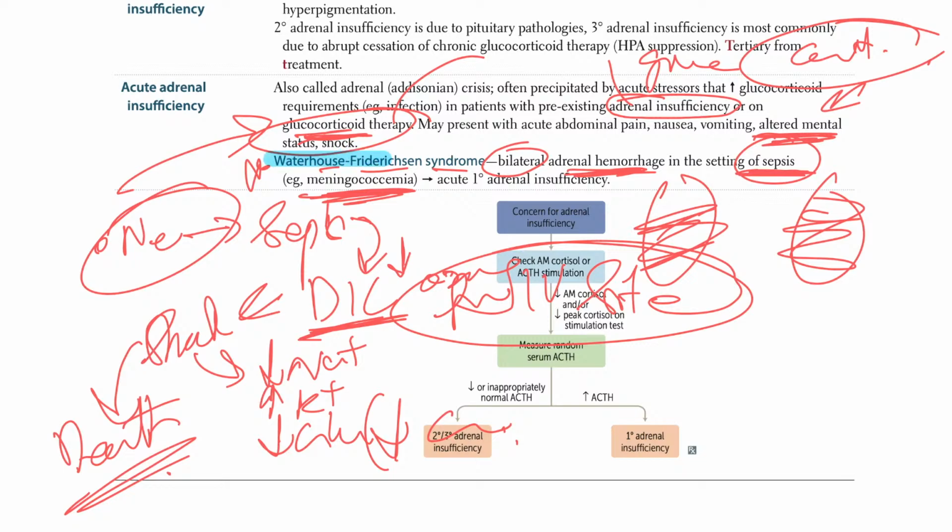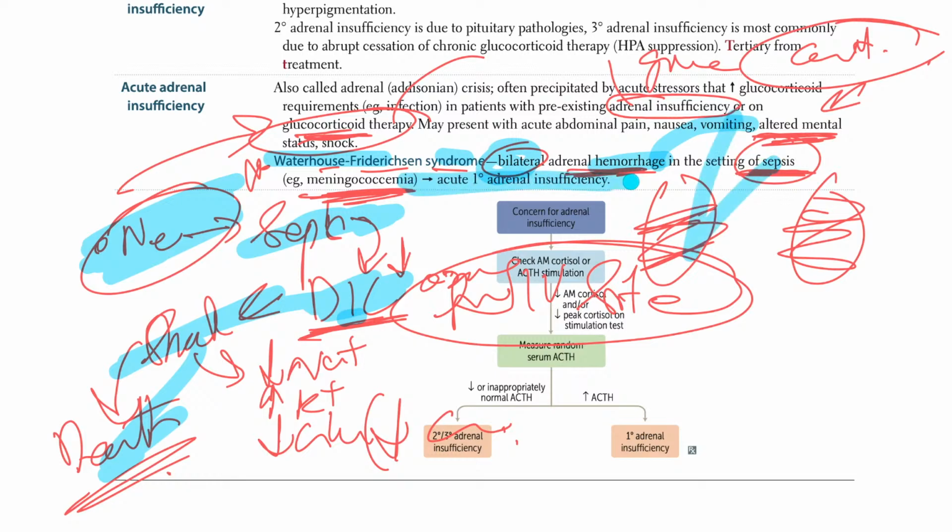Okay, for Waterhouse-Friderichsen syndrome, you think of someone having a Neisseria meningitidis infection, which causes septicemia, which causes DIC, shock, and death, and that leads to adrenal hemorrhage and necrosis. So bilateral hemorrhage and necrosis in the setting of sepsis, leading to primary adrenal insufficiency.